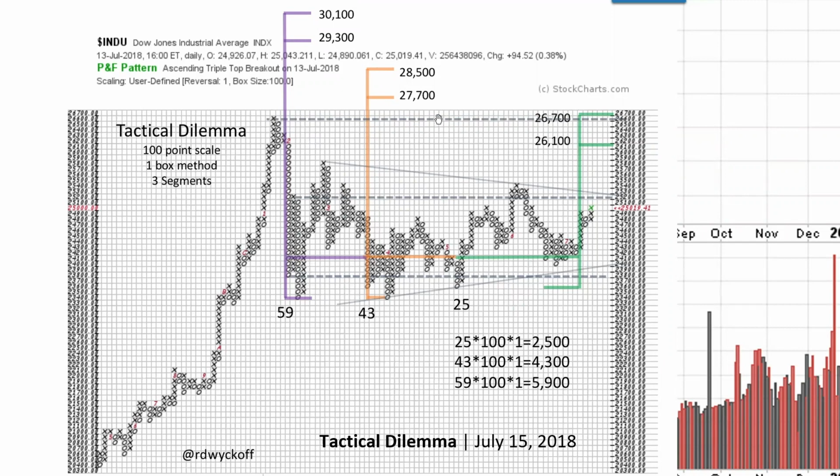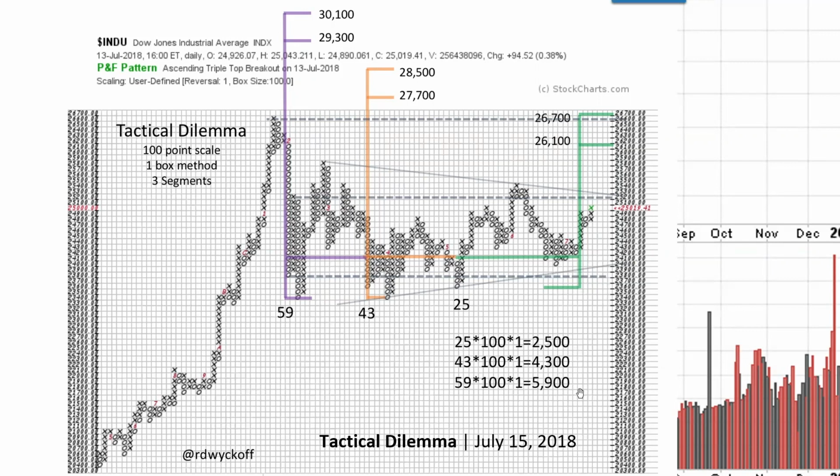Then there's a larger count, goes 27.7, 28.5, and then finally there's a count across this whole area, 29.3 to 30,100. So these are huge counts at the time, and these counts are being taken at around the 24,100 level. So look, 2,500, 4,300, 5,900 Dow points of count.